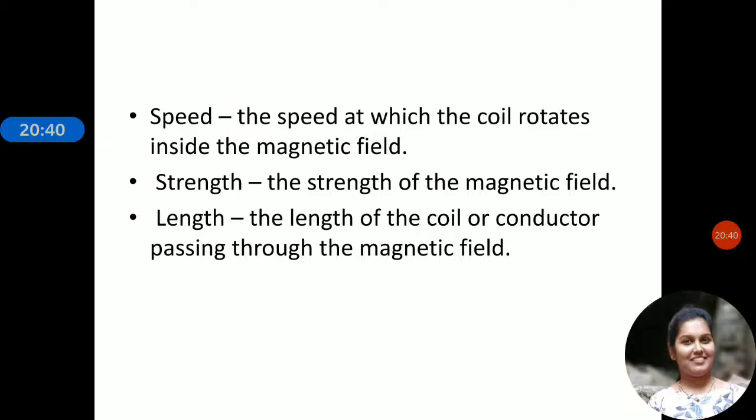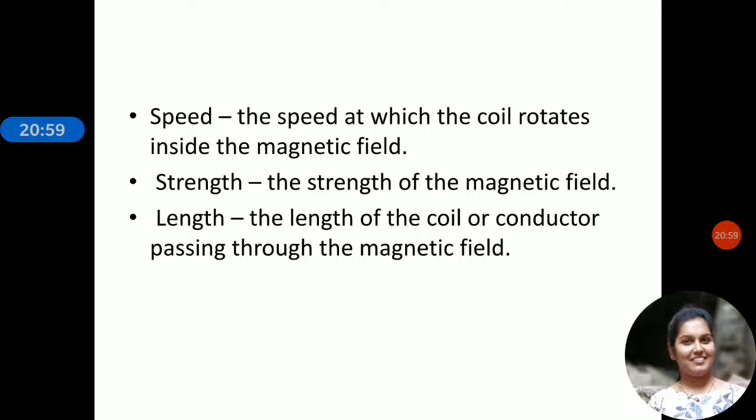So what is speed? Speed is nothing but the speed at which the coil rotates inside the magnetic field. This is the main factor which decides the amount of EMF that is induced in the generator.